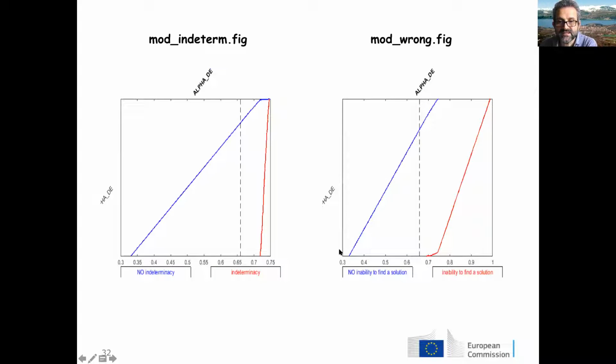But in particular, there can be indeterminacy if this alpha parameter is high. But for even higher values of this parameter alpha, there is also inability to find a solution, because there are other situations where you cannot find a solution. It is because, for example, the steady state is not solvable. You get complex numbers, or there are other things.